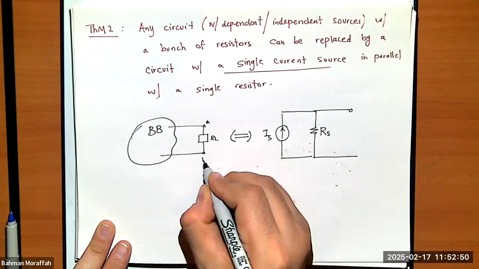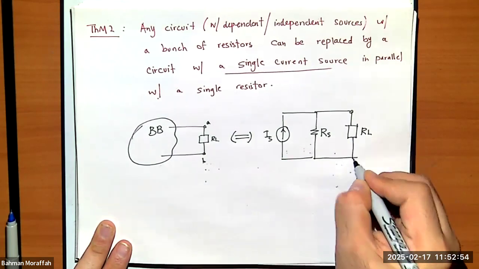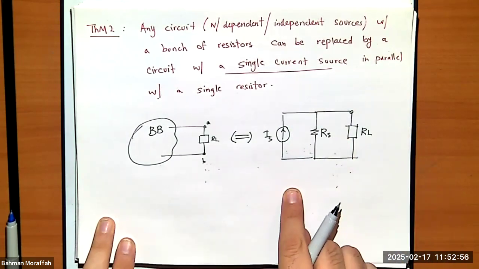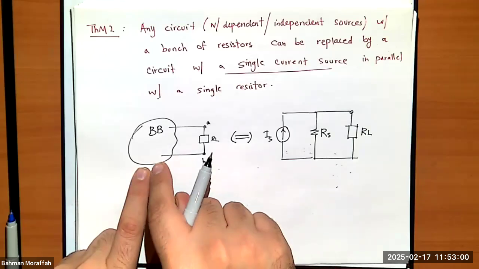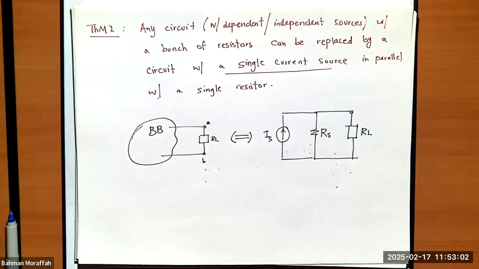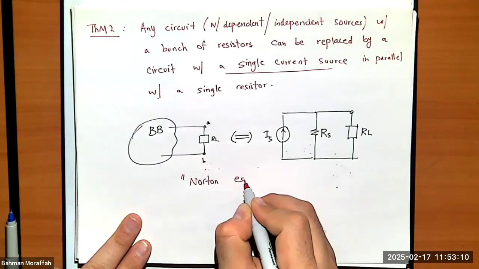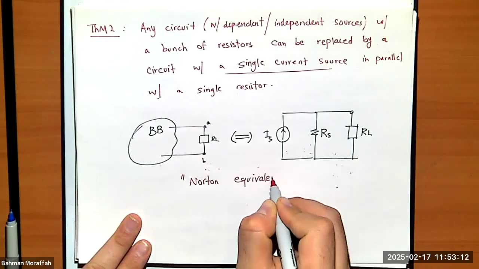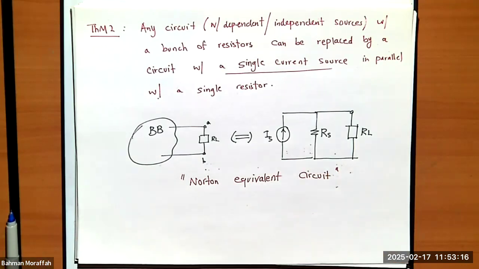And if I look at this A and B, the external behavior of this very simple circuit is exactly the same as the external behavior of this black box. This is called Norton equivalent circuit.